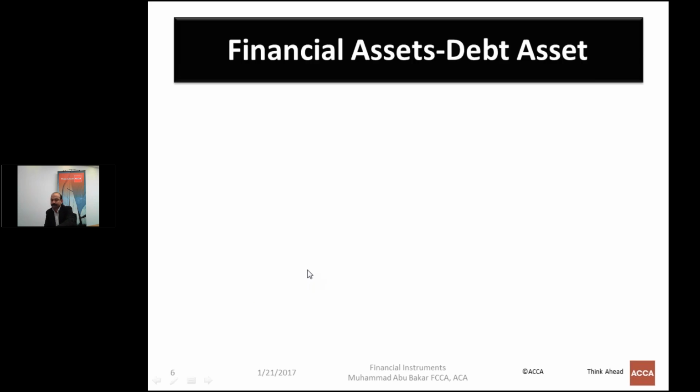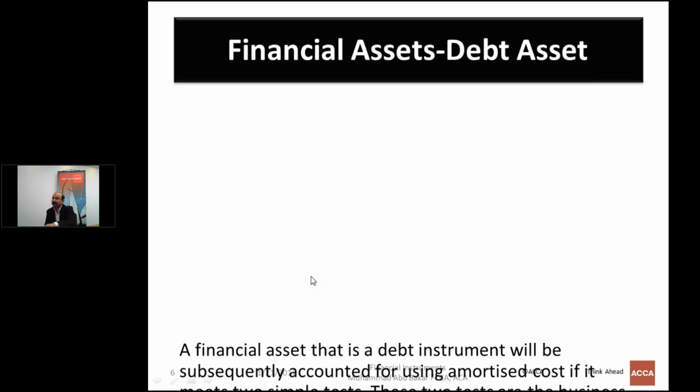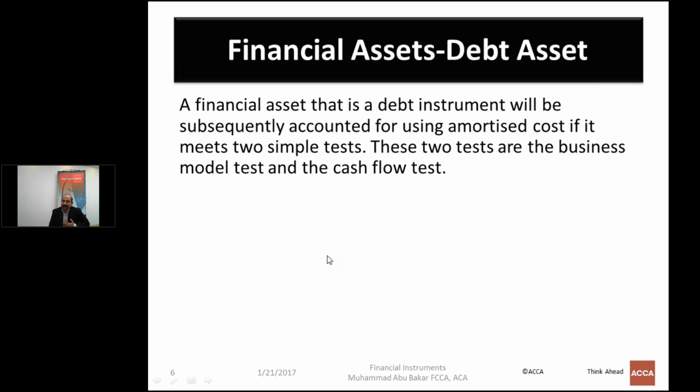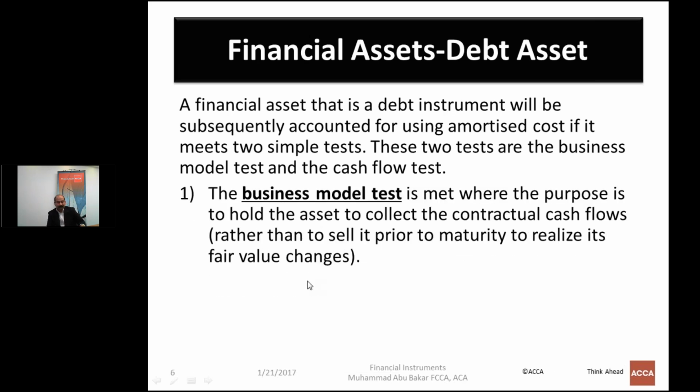First is a financial asset that is a debt instrument will be subsequently accounted for using amortized cost if it meets 2 simple tests. These 2 tests are the business model test and the cash flow test. Number 1, the business model test is met where the purpose is to hold the asset to collect its contractual cash flows.